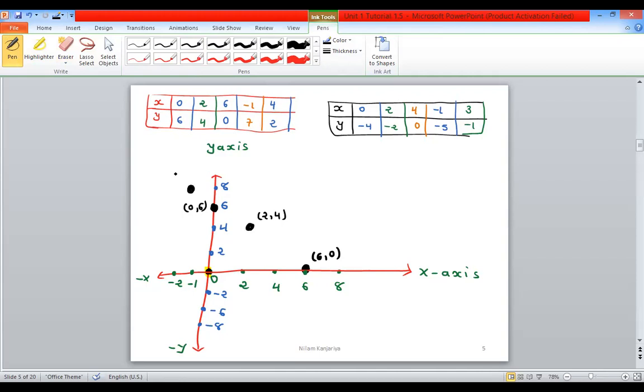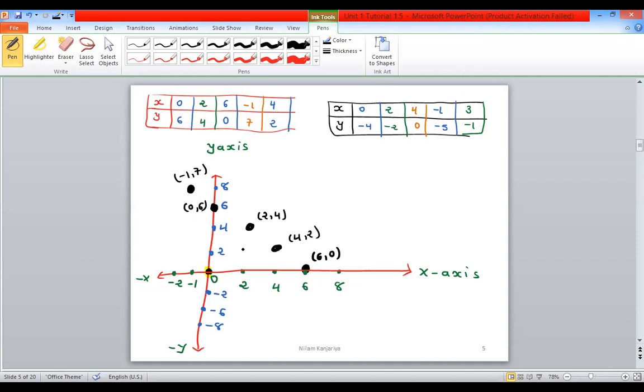This is -1, 7. Then the last point 4, 2. X is 4, y 2. This is here.